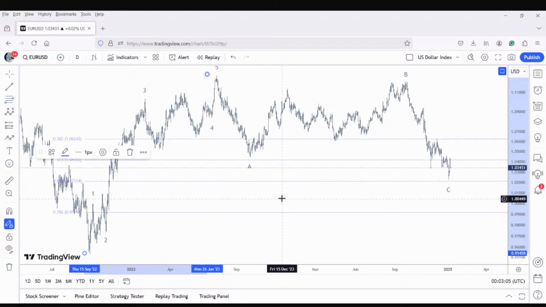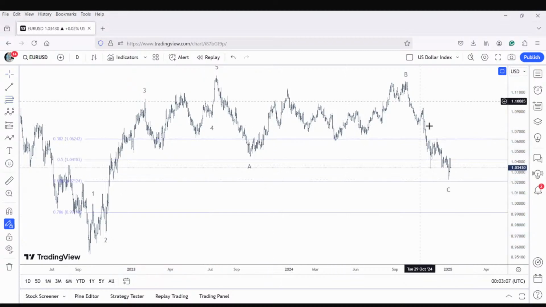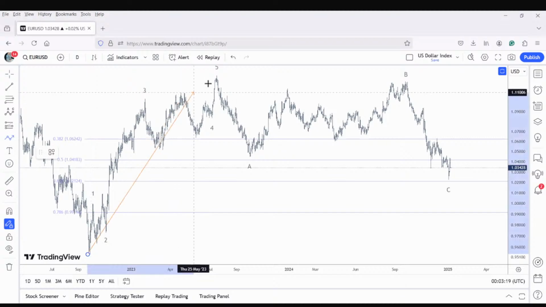All right. Please keep this bigger picture in mind, because the next wave of larger degree is going to be, or should be rather, of the same magnitude.